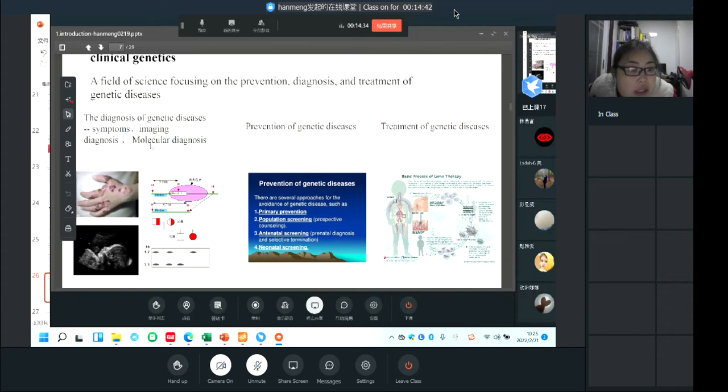And you can use imaging diagnosis and also molecular diagnosis. All these methods can help you diagnose what disease the patient has. Then you can give the patient the best therapy.